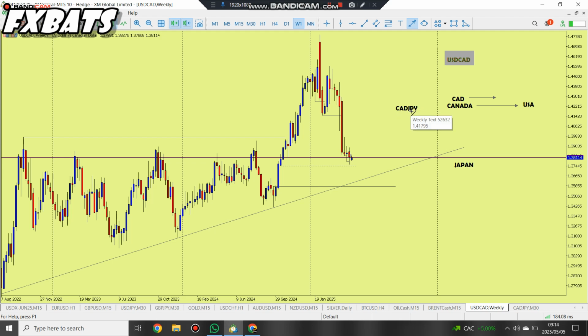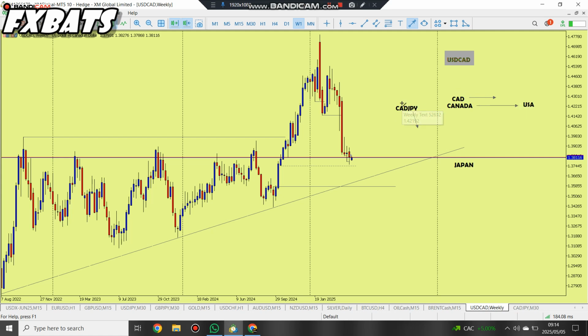Japan is also an importer of oil from Canada and the USA. So since Japan is an importer, if oil value goes up, we expect the yen to drop because they will be paying more in Canadian dollars or US dollars.